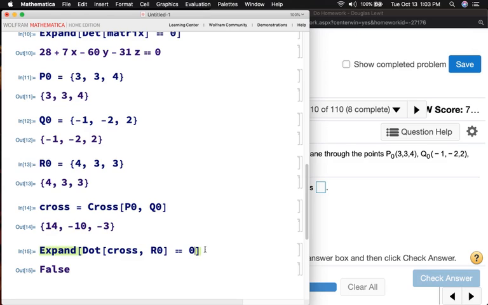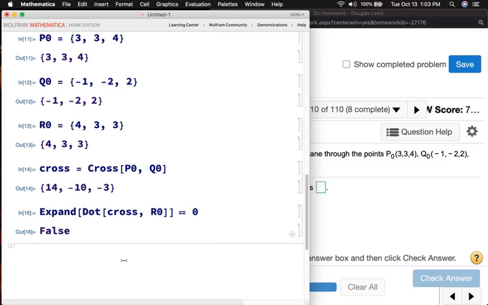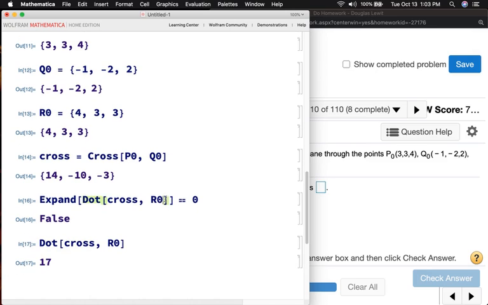Oh, you know what? Hold on. There we go. Okay, so something is not quite right here. Oh, I see what the problem is. Silly me.